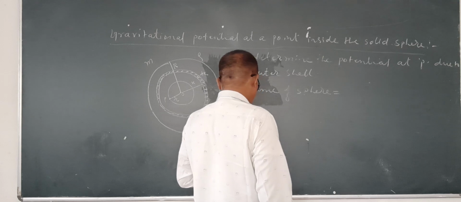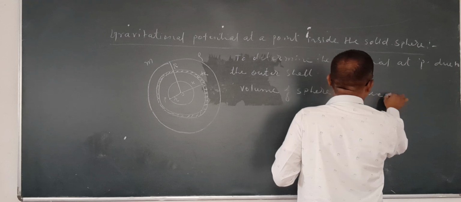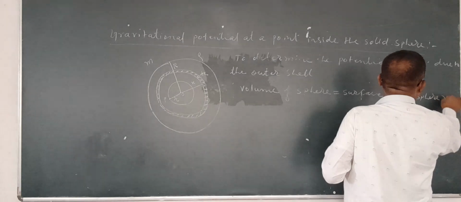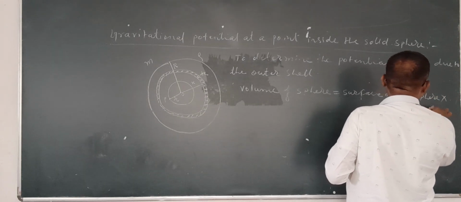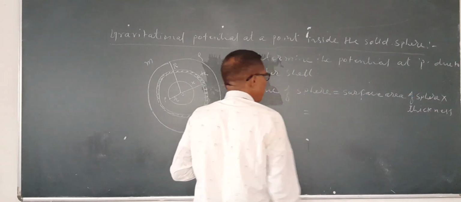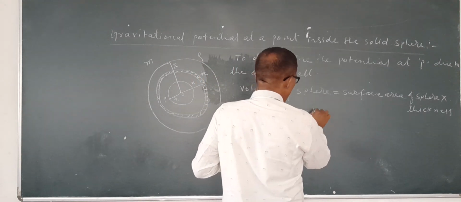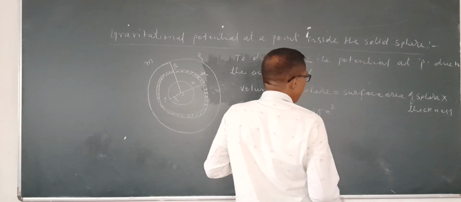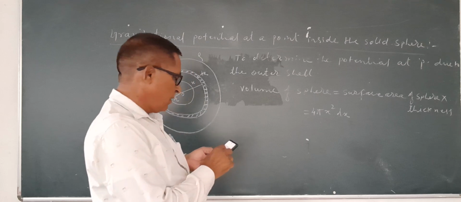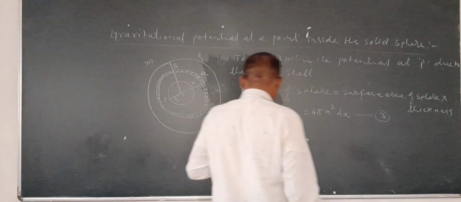Its volume is the surface area of the sphere into thickness. The surface area of the sphere is 4 pi x square and the thickness is dx. Therefore this is the volume of that shell. This is equation number 3.